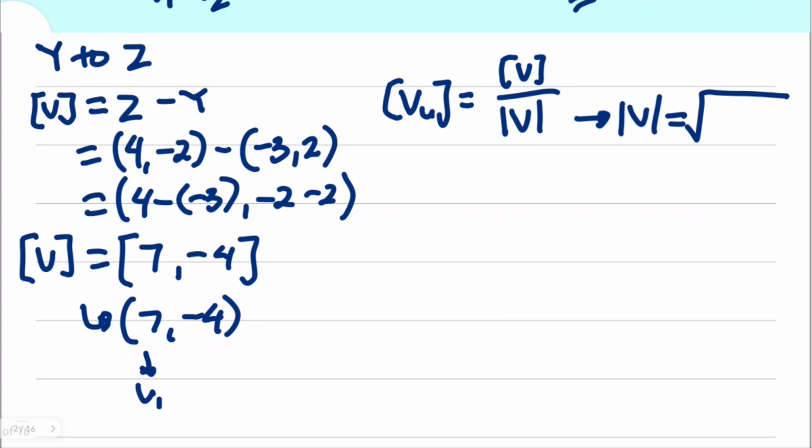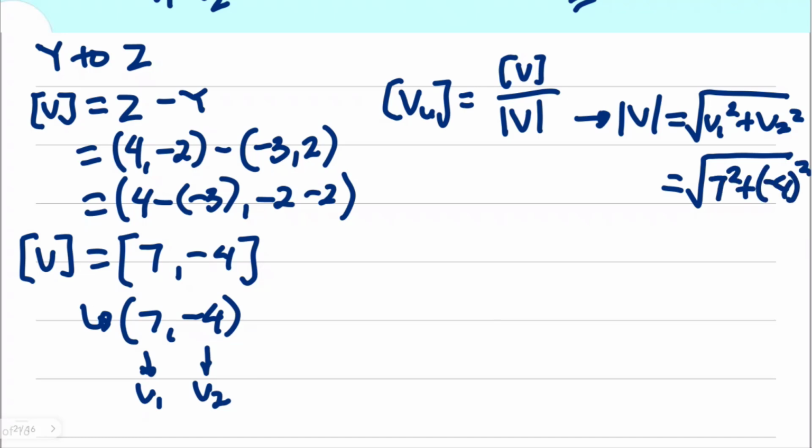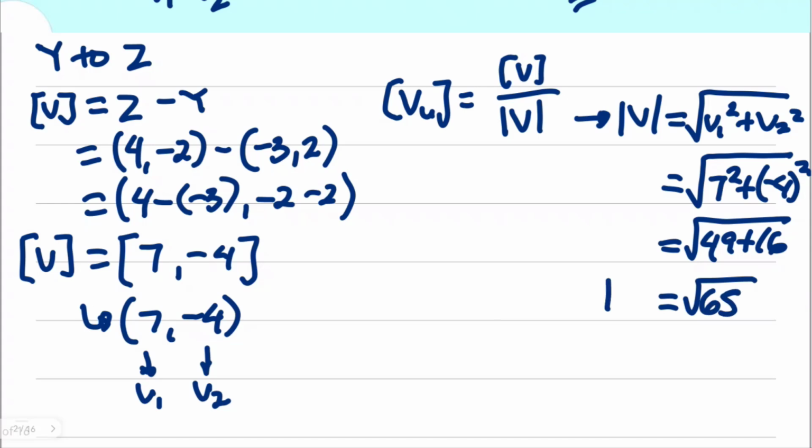This is our v sub 1, this is our v sub 2. That's v sub 1 squared, v sub 2 squared. You will have v sub 1, which is 7 squared, plus the square of negative 4. This is equal to 49 plus 16. So that is the square root of 65. This is the length of vector v for the line passing through the points y to z.